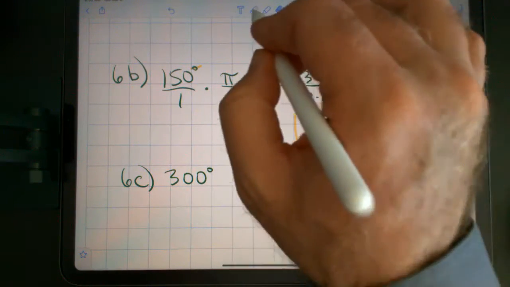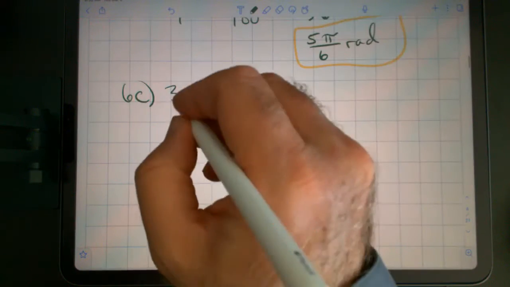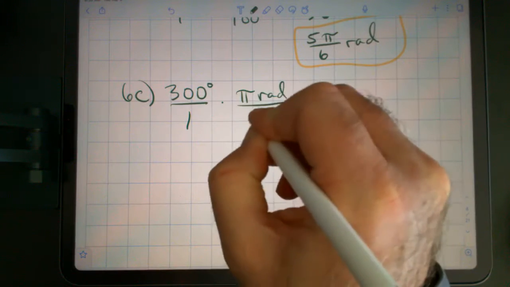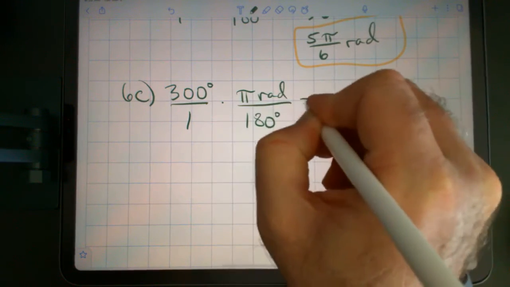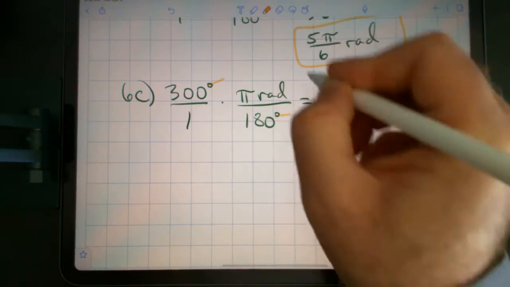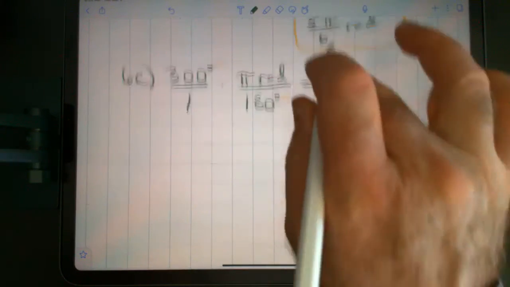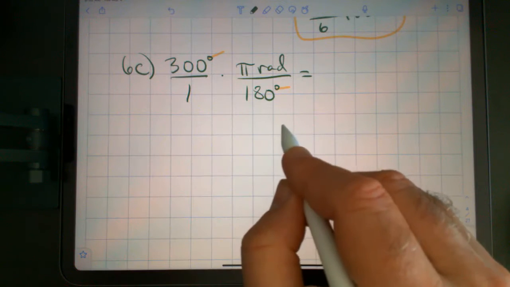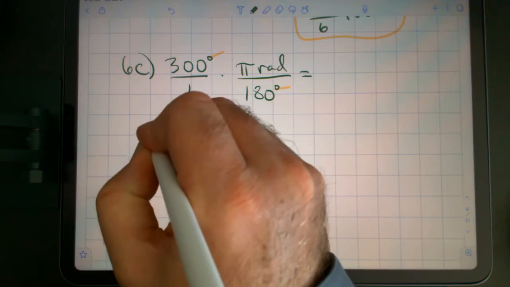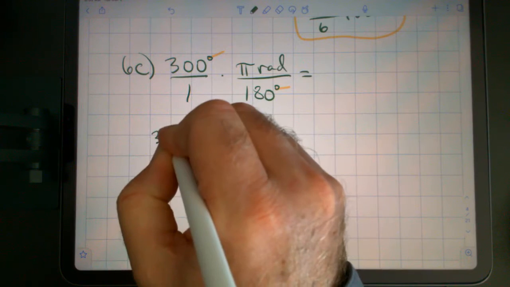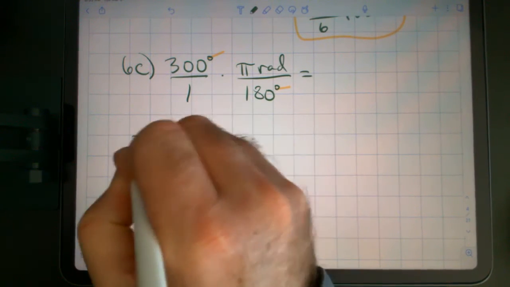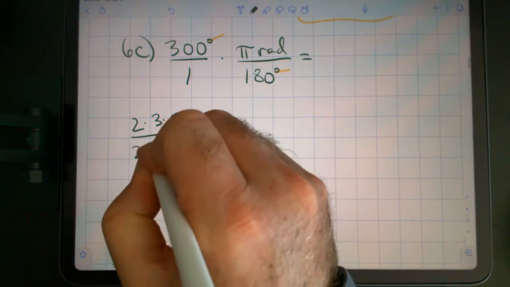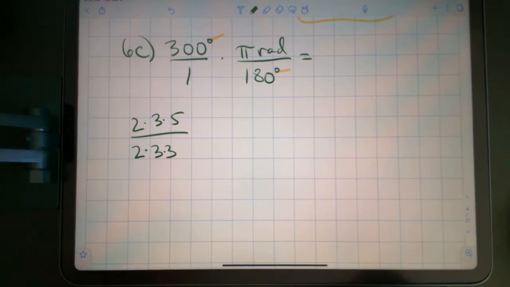If I make a mistake, please let me know. So this one's going to be 30 over 18. 30 is 3 times 10, which is 3 times 2 times 5. And 180 is 2 times 3 times 3.